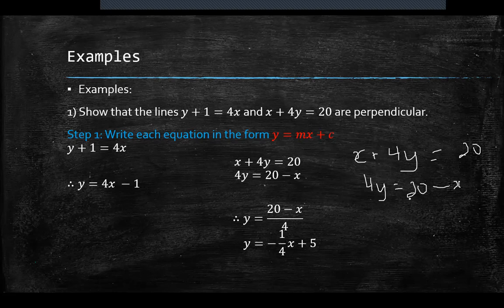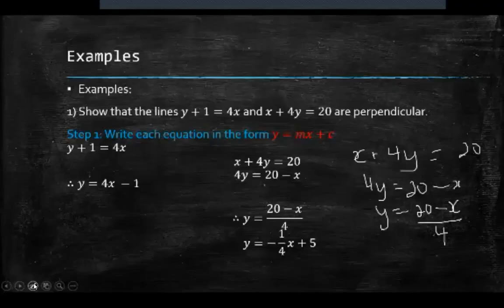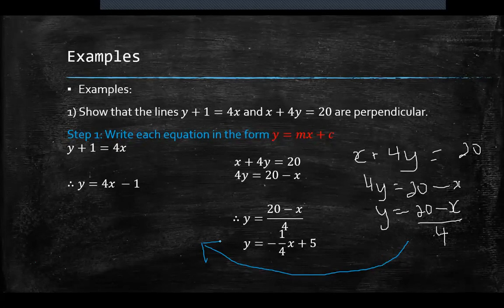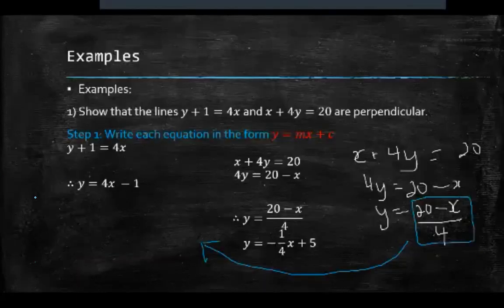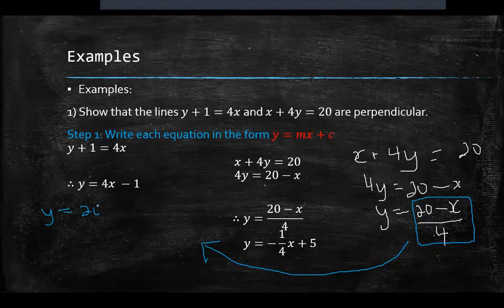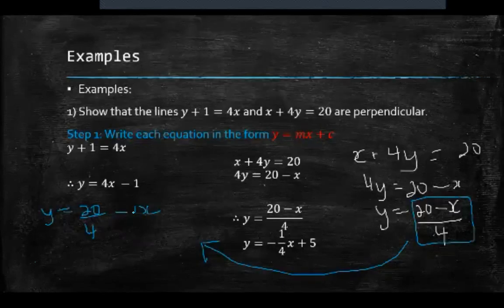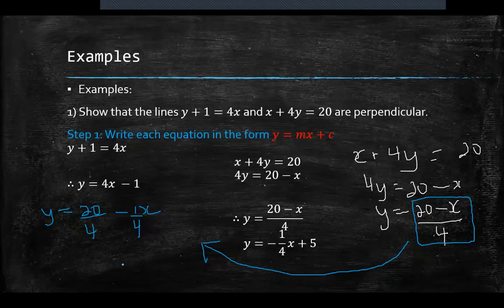Now, this is just transposition, right? So you divide this side by 4. So it's 20 minus x on 4. But recall from last class, I told you that you could break up fractions. This right here is a single fraction, but we could break it up into 2 fractions. So this is the same as y is equal to 20 on 4 minus a quarter x, but we want it in this form, mx plus c.